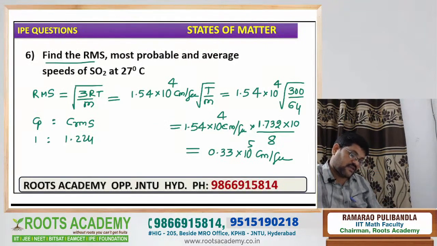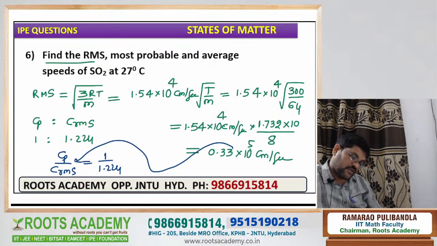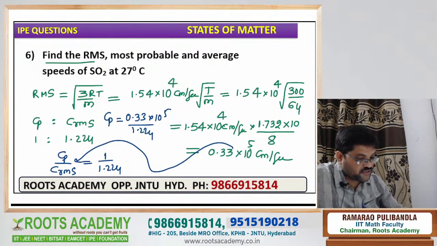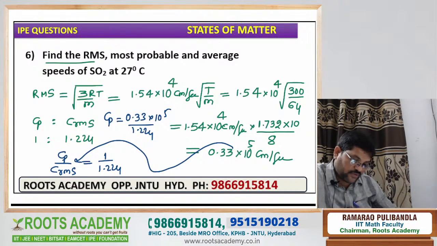So C_P by C_RMS is equal to 1 by 1.224. Now substitute the C_RMS value and you get the C_P value. Therefore C_P is equal to 0.33 into 10 power 5 by 1.224. You get 0.29 into 10 power 5 centimeters per second.